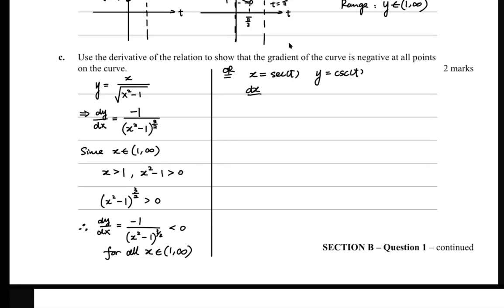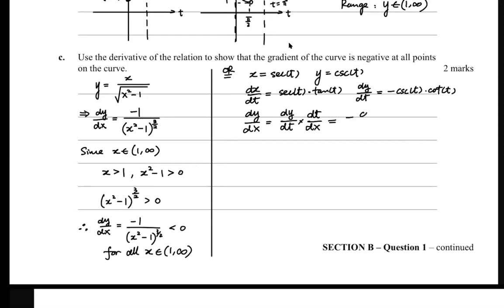Using your CAS calculator, you could get dx dt. That is secant t times tangent t. Your dy dt is minus cosecant t times cotangent of t. So your dy dx will eventually be dy dt times dt dx. That should give you minus cosine cubed t over sine cubed t.